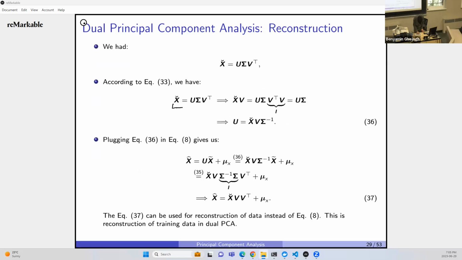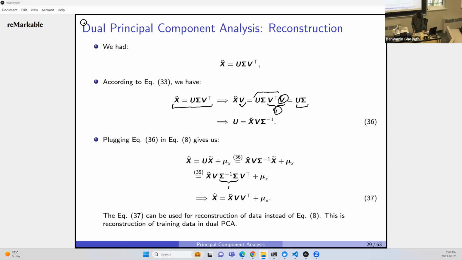Then what happens? So we have X hat again as U sigma V transpose. Now let's multiply both sides by V. What happens? We have D here, then we will have D, and this is the singular value decomposition. Again, V transpose V is I, because the matrix V, which is the matrix of right singular vectors, is an orthogonal matrix. Therefore, it simplifies to U sigma.